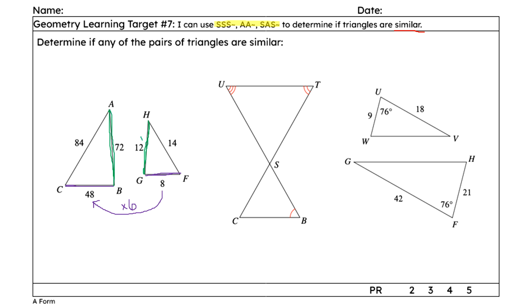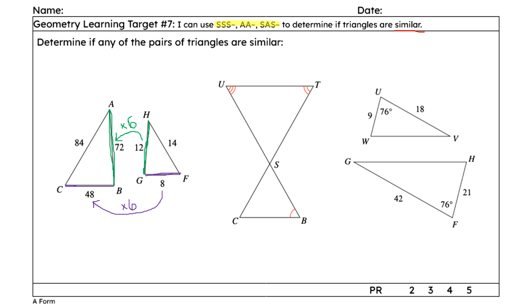So I need to now figure out what my scale factor is from 12 to 72. Is it also 6? Let's check. I'm going to go backwards and divide. 72 divided by 12. Sure enough, that's 6. Multiplying 12 times 6 does get you 72. So far, so good. We've got 2 pairs of side lengths that match with their scale factors.